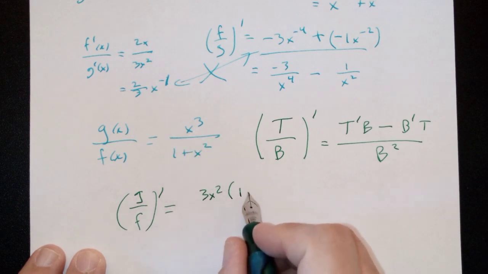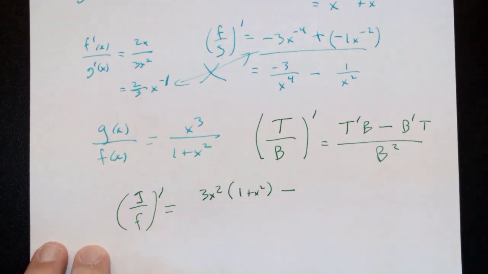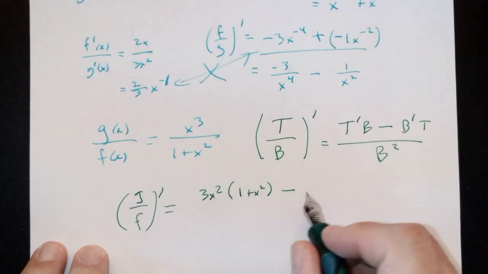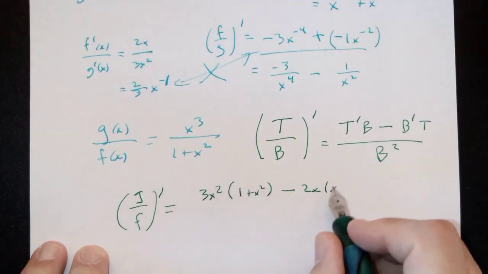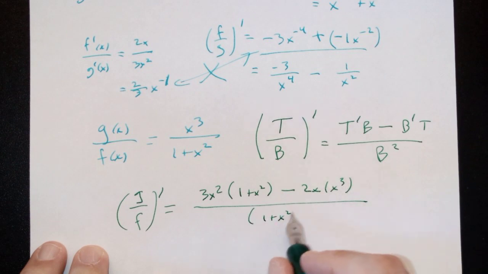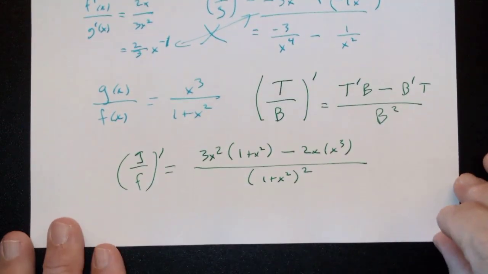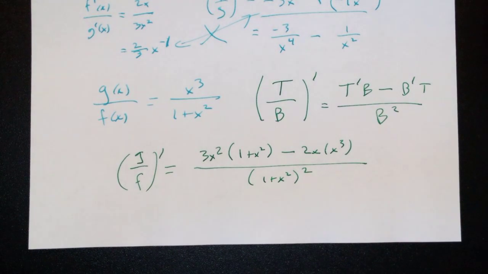Leave the bottom alone. Minus derivative of the bottom. Leave the top alone. Over the bottom quantity squared. And again, 99.9% of the time, I get here, I'm done.